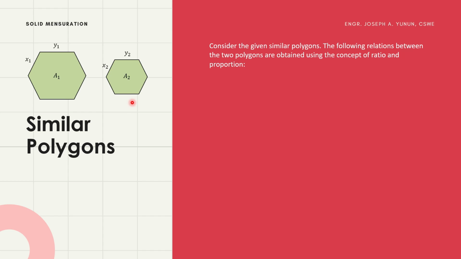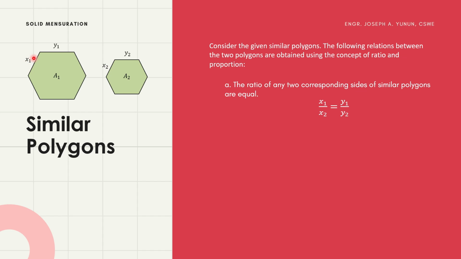So on this, considering the given similar polygons, the following relations between the two polygons are obtained using the concept of ratio and proportion. First of which is the ratio of any two corresponding sides of similar polygons are equal. So this refers to the given sides of the similar polygons, the two corresponding sides.